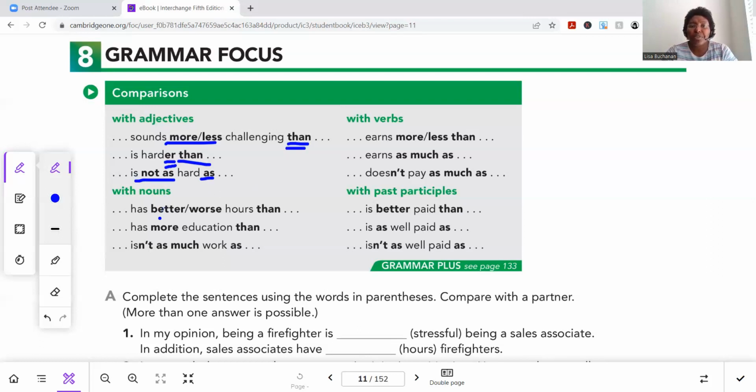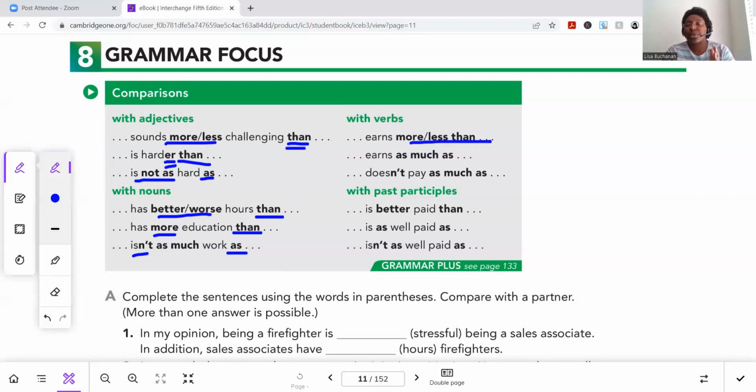Then with nouns, we can use better or worse than. So that job, my previous job has better hours than this new job. Has more than, so has more education than. Isn't as much as. And then with verbs, we can use more or less than, right?